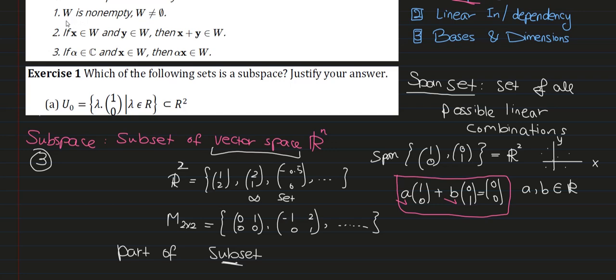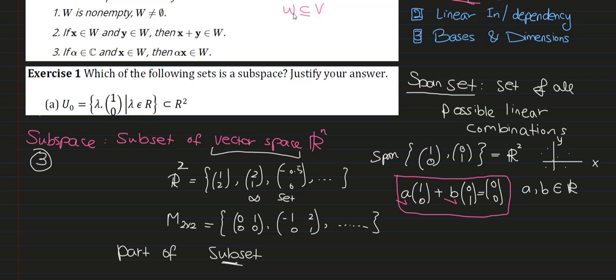Let's call the subset W, and W is a subset of V. V is a vector space, a set of an infinite number of elements. These elements can be vectors, matrices, or polynomials, but it is called a vector space. This is how we call it.